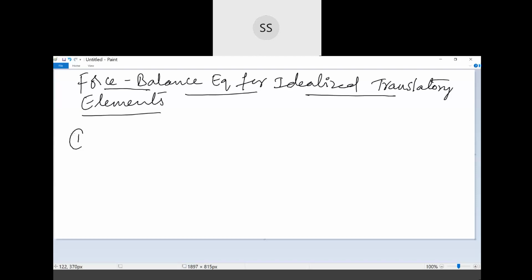First we will consider the mass element. The mass is represented like this. The entire mass is assumed to be concentrated at one point.